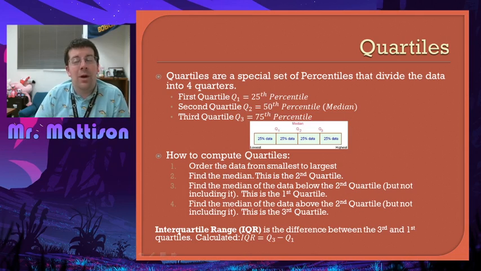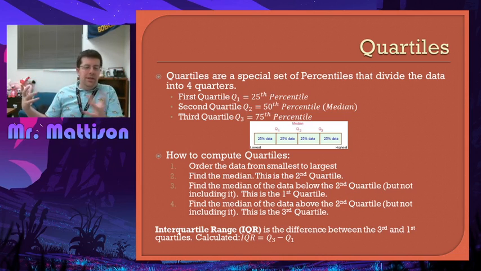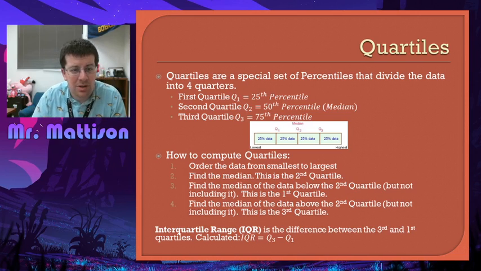Now, why they are called quartiles is because, like you're seeing here, they break up our data into equal quarters. So a quarter of the data here, a quarter here, a quarter here, and a quarter here. So we have our lower quarter, our lower middle quarter, our upper middle quarter, and our upper quarter of the data, and we break it up into those different quartiles.